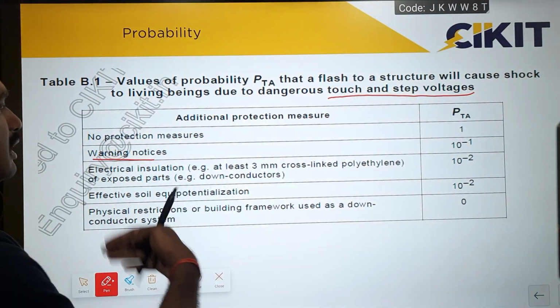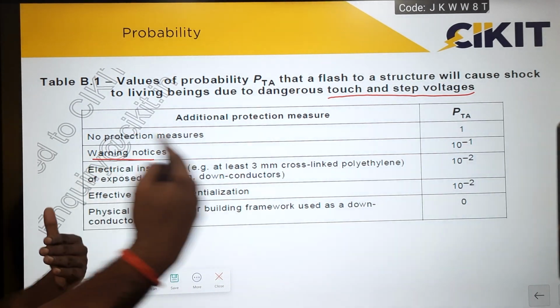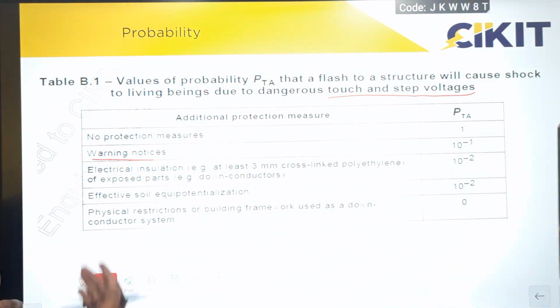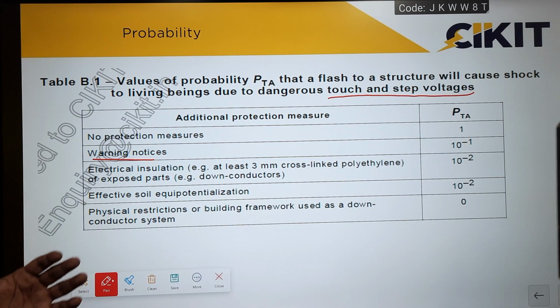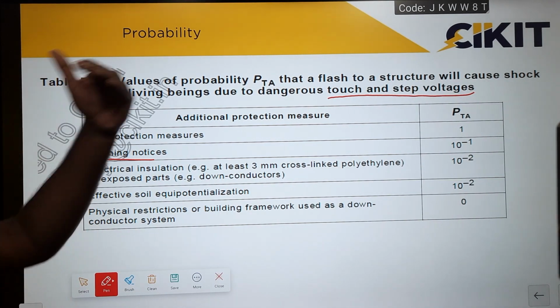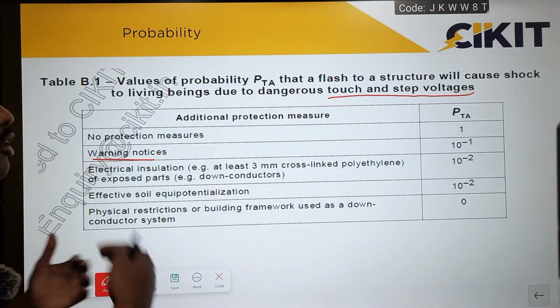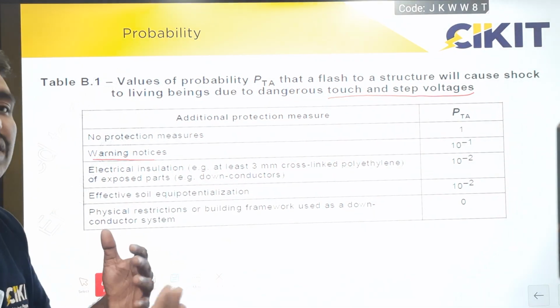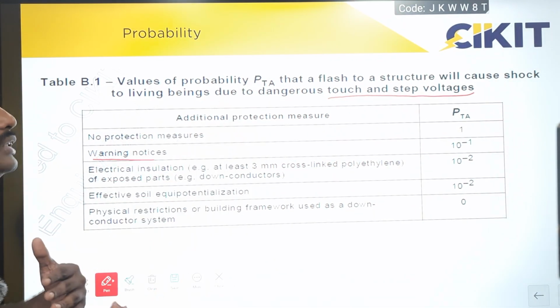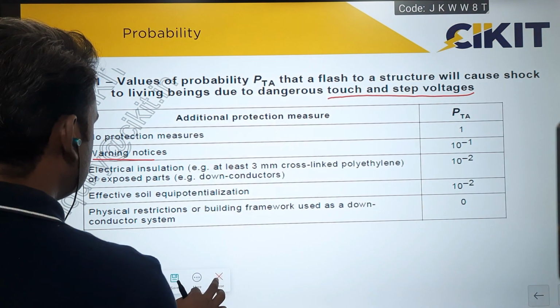By providing that kind of structures, we are reducing the risk further. So these are the protection measures. If I am taking the protection measures, then I am reducing the probability of damage. The probability always explains the protection measures which we take for reducing the damages that can be caused due to this lightning.